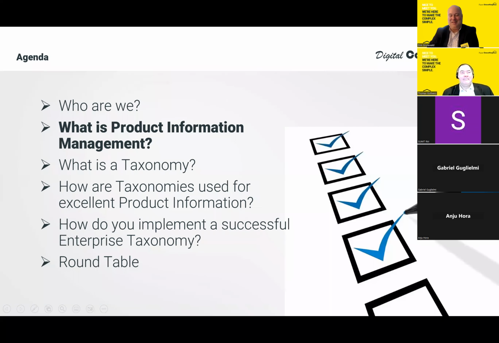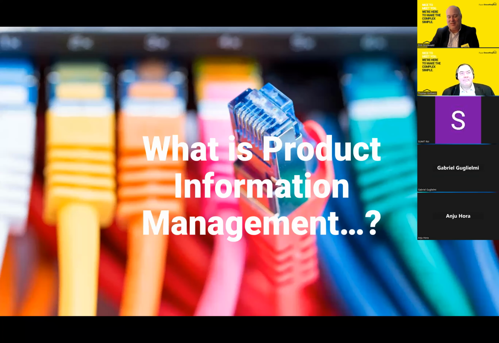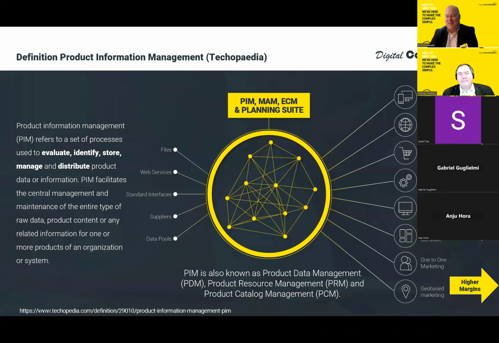So let me go right into what is product information management. And you will find this also on our website and our LinkedIn presence and so on. This picture I use quite a lot, and other companies use that same kind of picture, and it shows a principle.